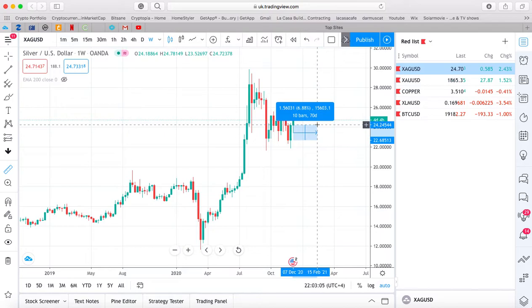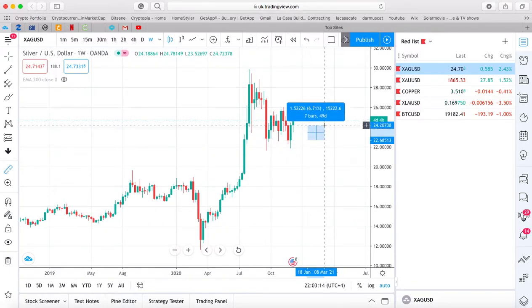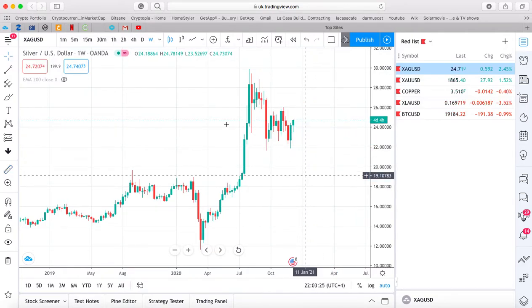Last week we had a rise of 6.88%. To do that, you just press shift from where you want to start to where you want to go, and it's going to show you the price change. $1.5 changed, which is about 6.88% of the asset. So this is the weekly chart.